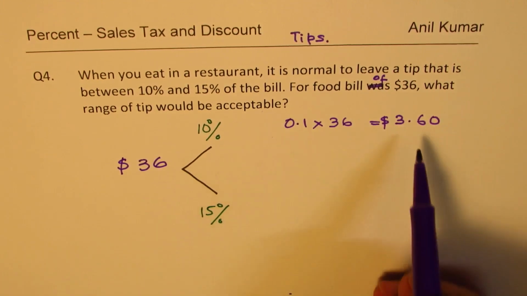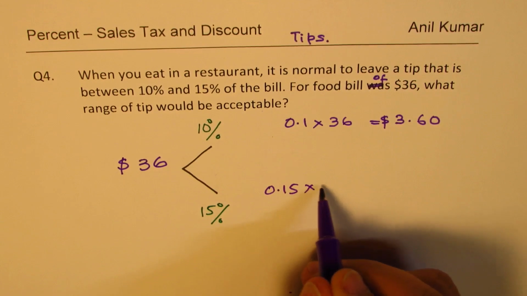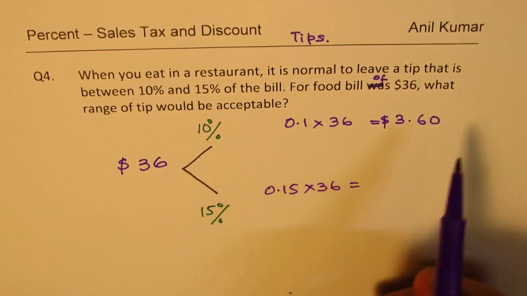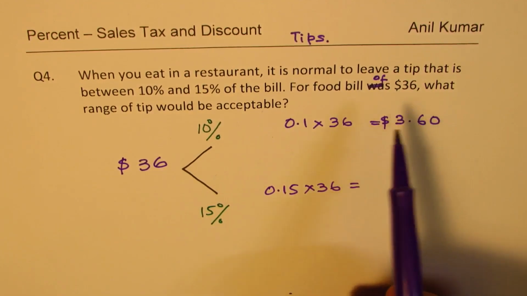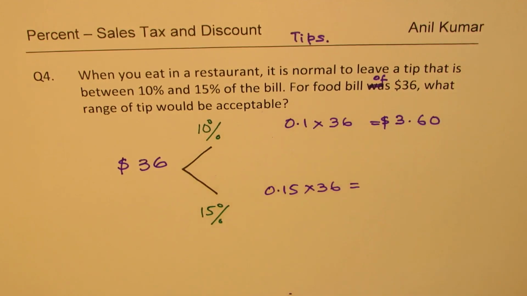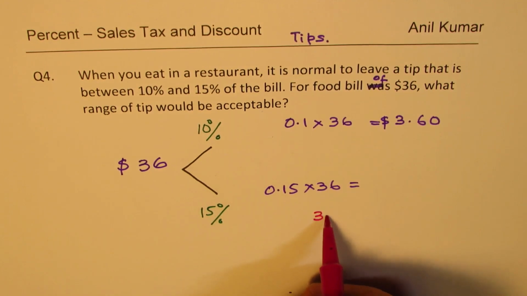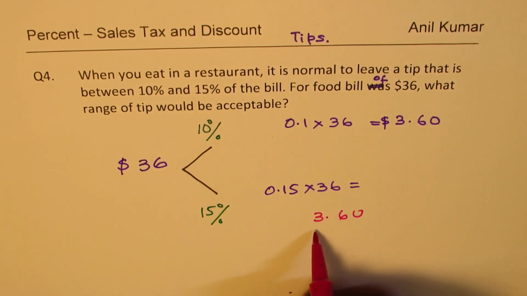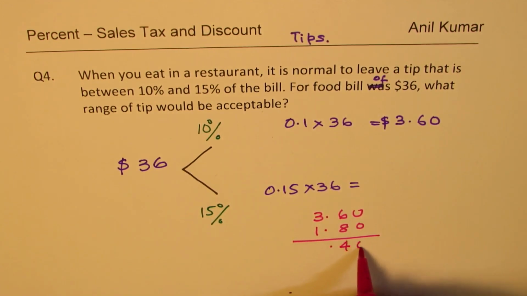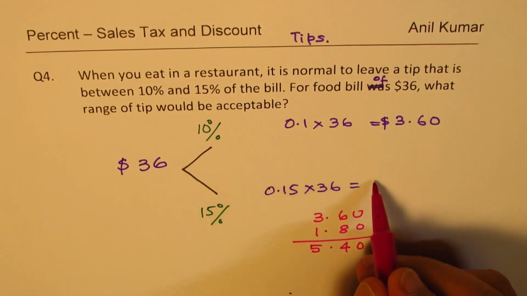15% will be 0.15 times 36, which is going to be, rough calculation, if 10% is 3.60, you add half of this. So you can add like this. We have 3.60. What is half of this? 1.80, right? So when you add this, you get 5.40.